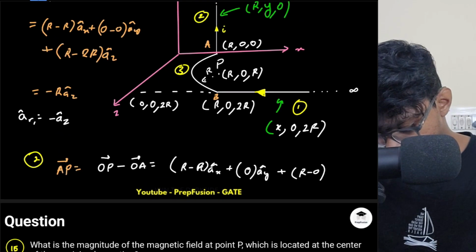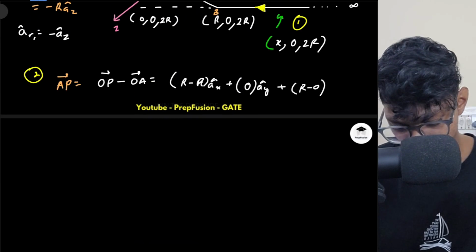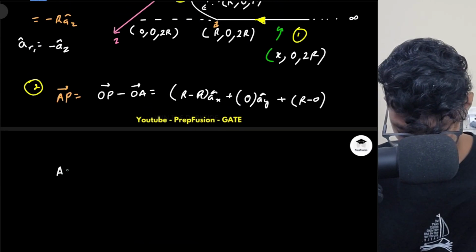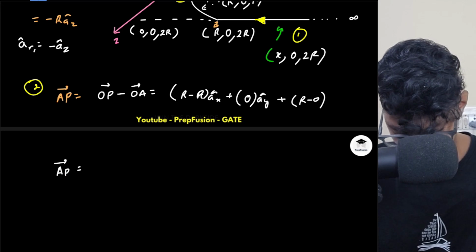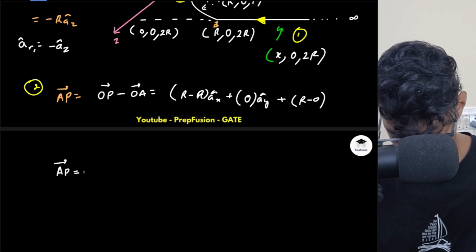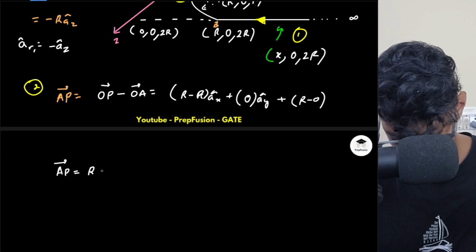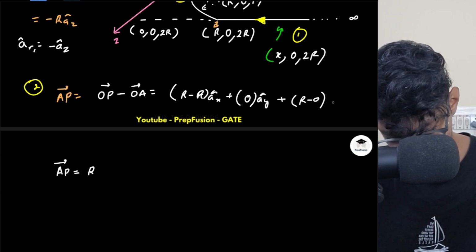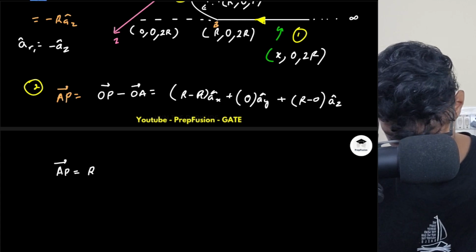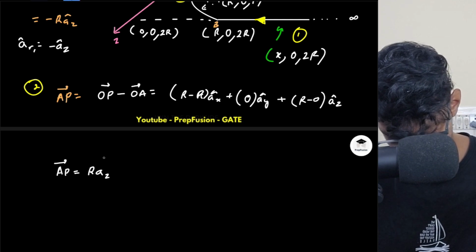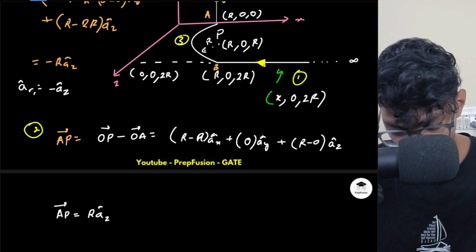Okay, so if I just take the page, my AP vector will come out to be R AZ, right? And does it make sense?